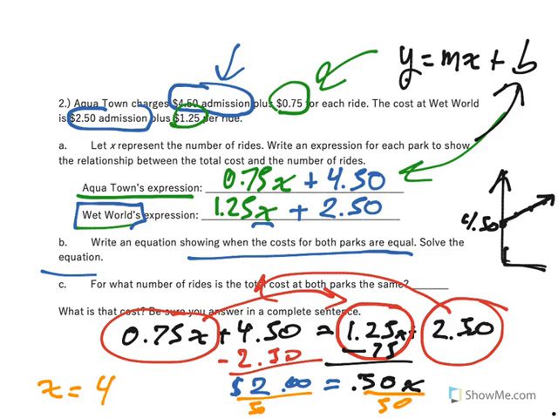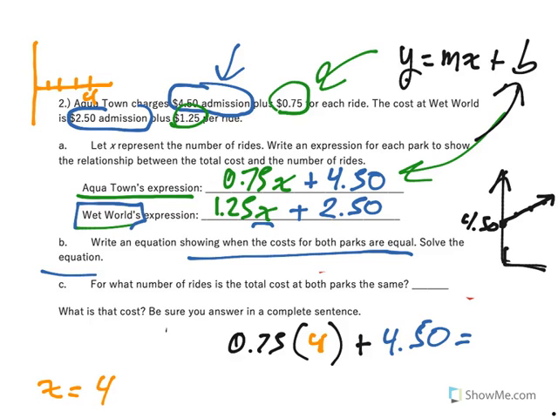What does this mean? It means when you have done 4 rides, the lines will connect to one another. And if x is 4, then we can simply plug it into any of these expressions to get what it will cost when you have done 4 rides. So I just take the 4, I plug it into one of the expressions.